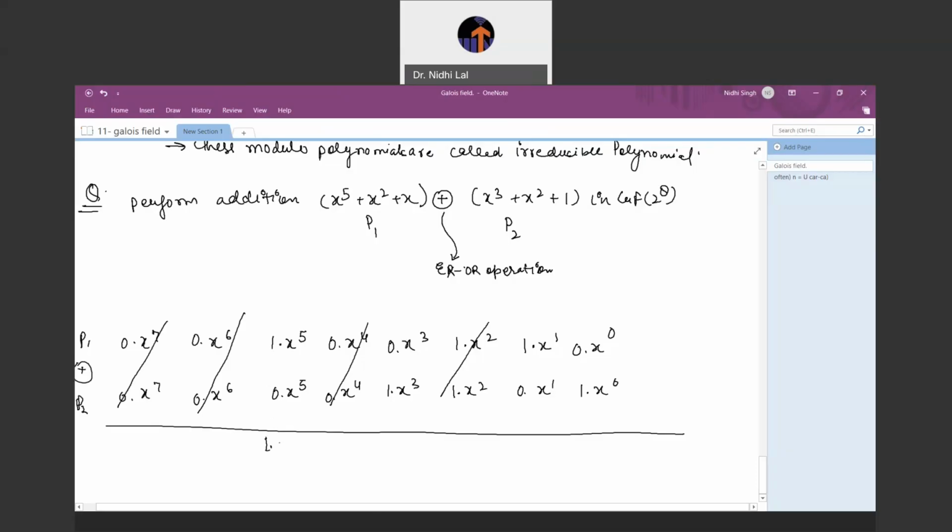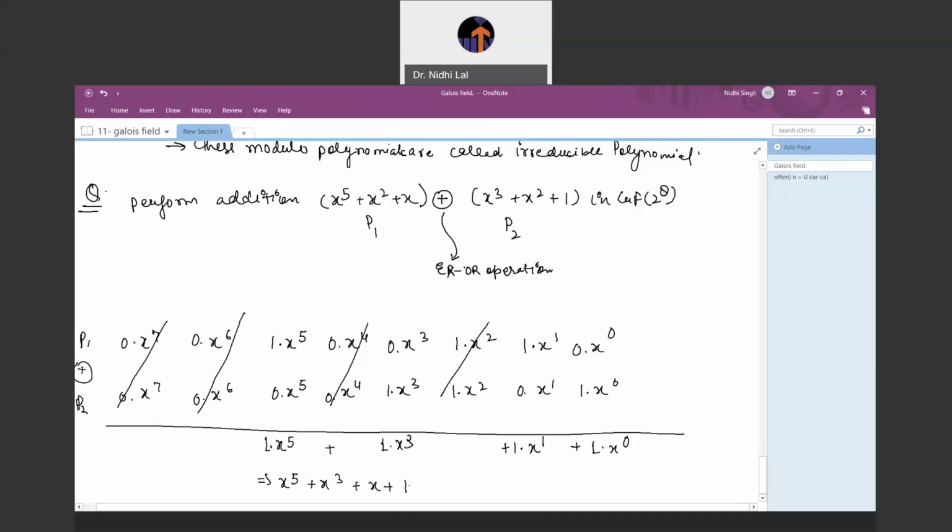So 1 times x to the power 5 plus 0 and 1, the answer is 1, so x to the power 3, 1 and 0, 1, x to the power 1 and 1 times x to the power 0. So my final answer will be x to the power 5 plus x cubed plus x plus 1.